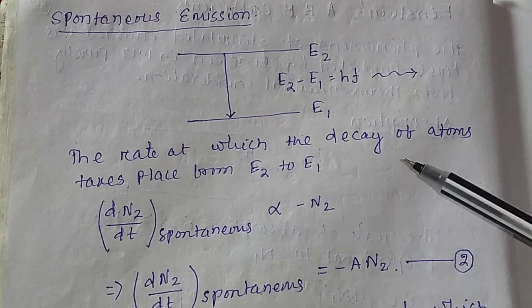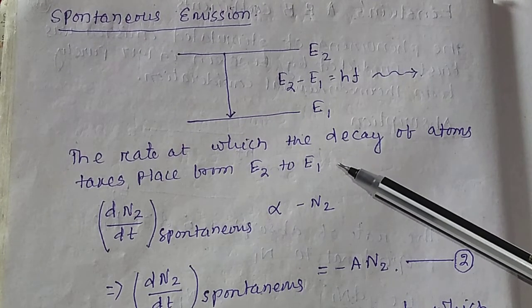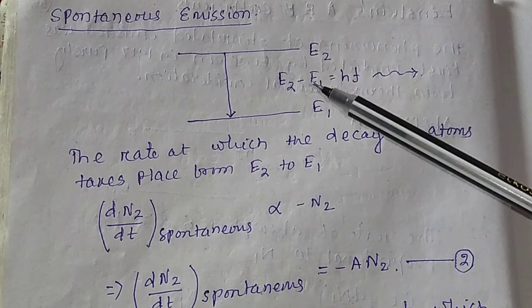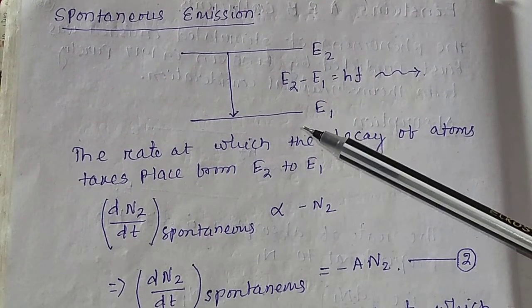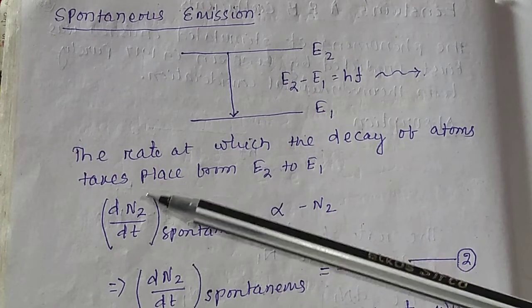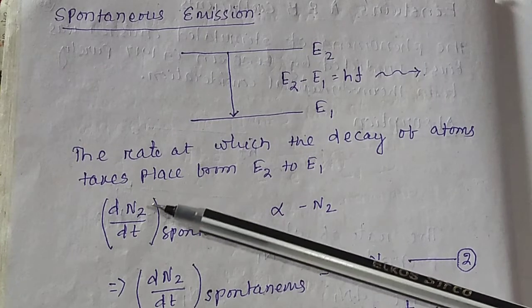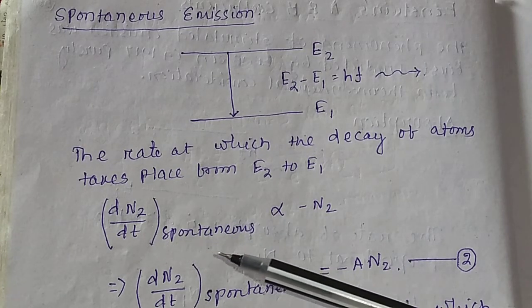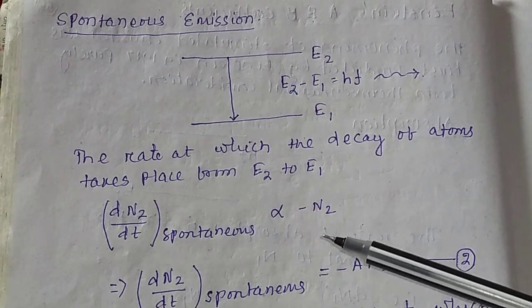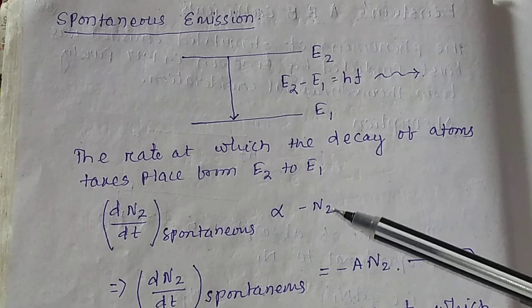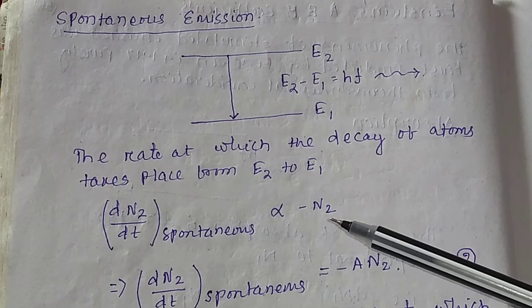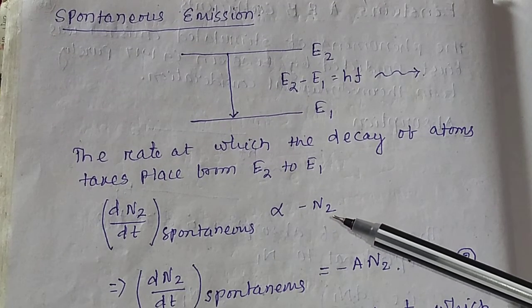Suppose in this spontaneous emission, the rate at which the decay of atoms takes place from the higher energy state E2 to the lower energy state E1 is equal to the derivative of N2 with respect to t. This is the rate of decay of the atoms, and it will be proportional to minus N2. Here N2 is the number of atoms per unit volume which at a given time are all at energy level E2.